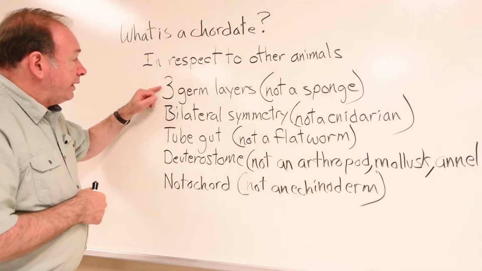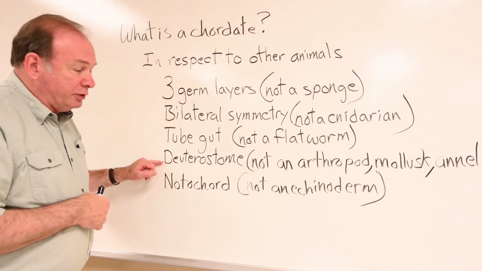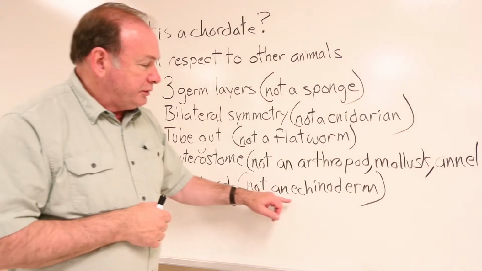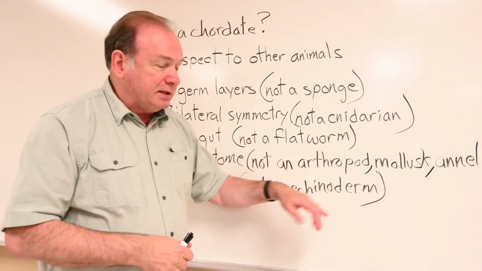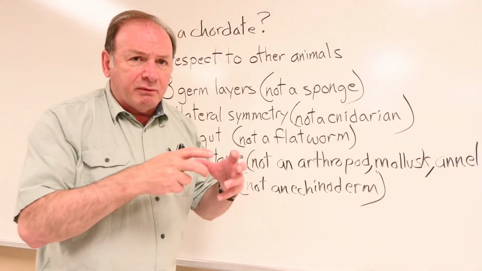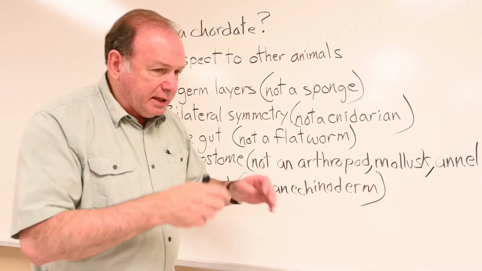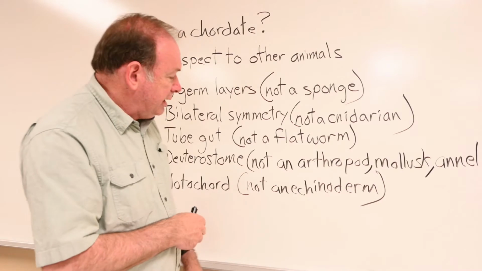So, we've got 3 germ layers. We're bilateral. We have a tube gut. We're deuterostomes. And finally, we have a notochord. So that makes us not like the echinoderms. Echinoderm means spiny skin. On the outside, it's not like an exoskeleton, I guess, but they have a dermis that has concretions in it that make them spiny skinned.